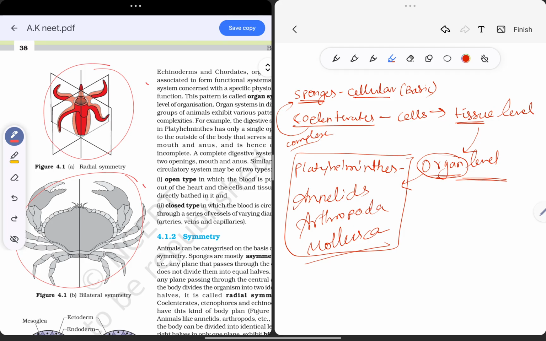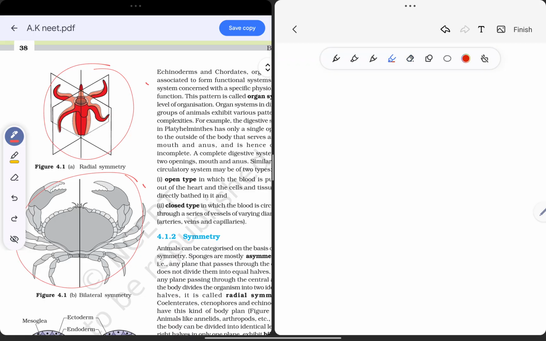The next topic is radial symmetry and bilateral symmetry. What is radial symmetry and what is bilateral symmetry are some of the basic things which you should know while studying the topic. First, the radial symmetry. I'll give you the definition if you want.